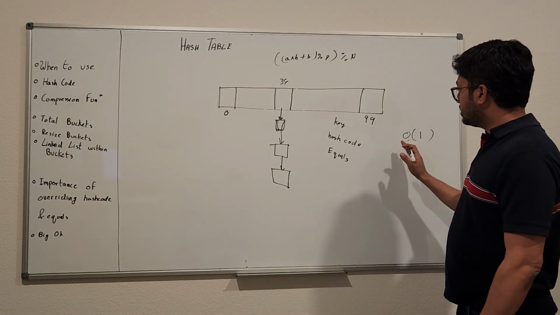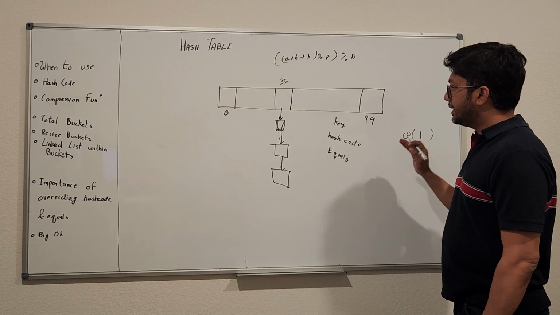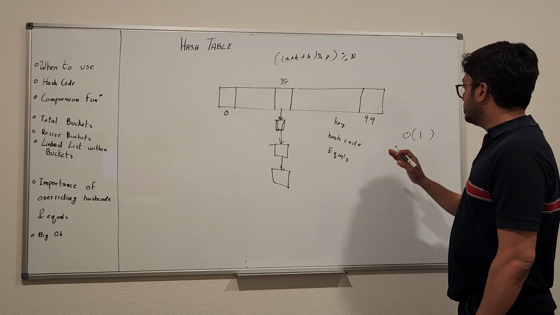So the average runtime for insert, delete and lookup for a hash table is big O of 1.